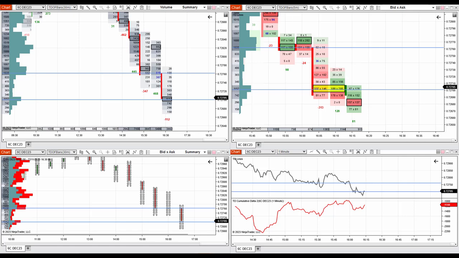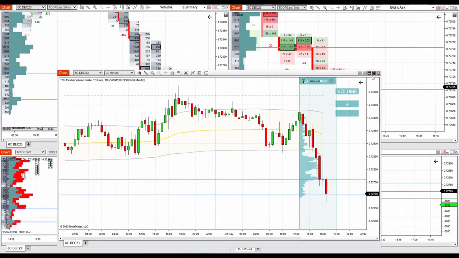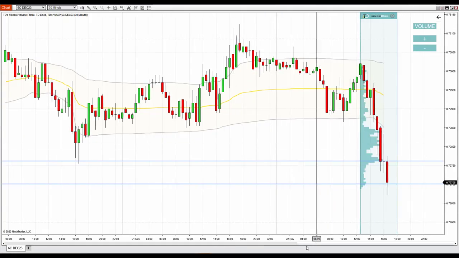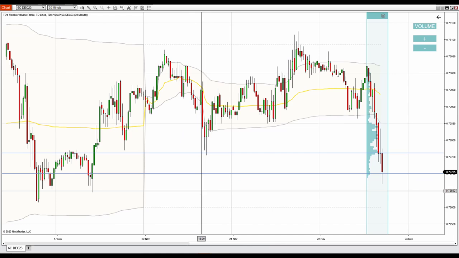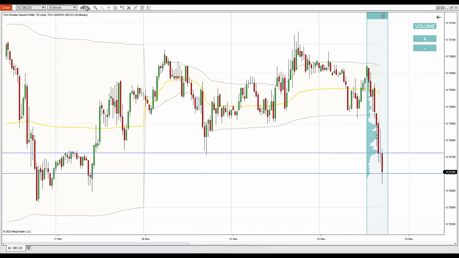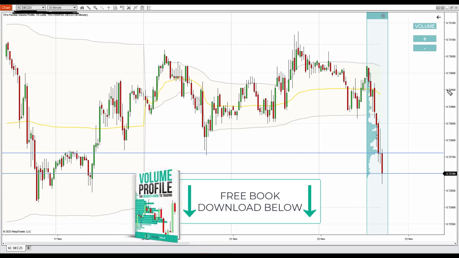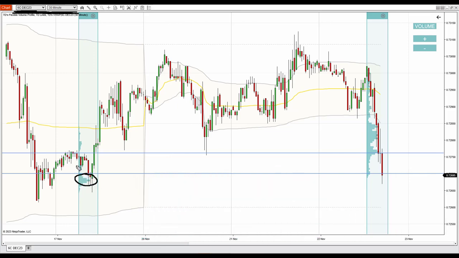You know what, let me show you this on a standard chart. Let me first show you the reasoning behind this level. So what you see before you, this is a 30-minute time frame of the Canadian dollar futures, and the level is based on this volume cluster which got formed within this rejection.